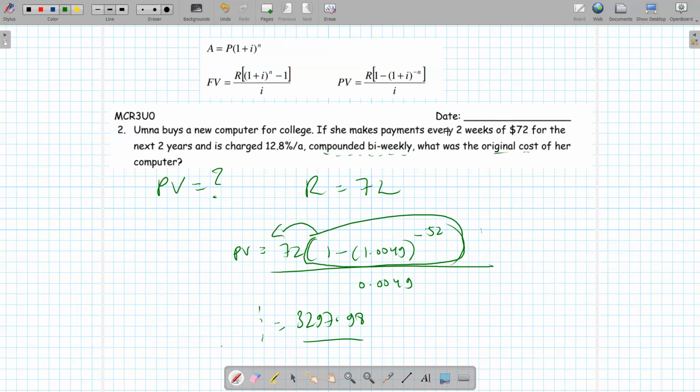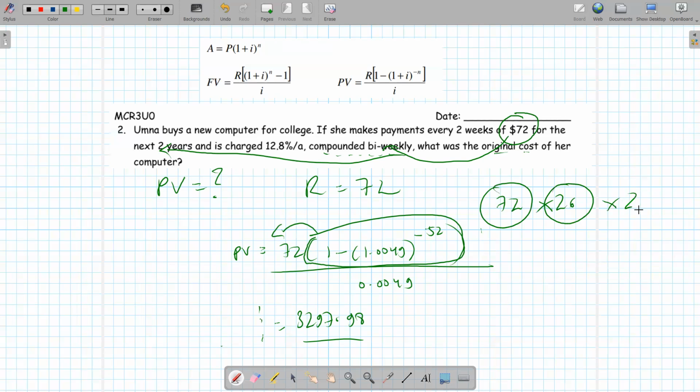So you need to find the actual amount that she paid, right? She paid $72 bi-weekly for 2 years. So 72 times, what does bi-weekly mean? 26.